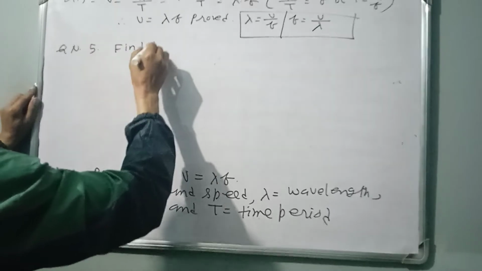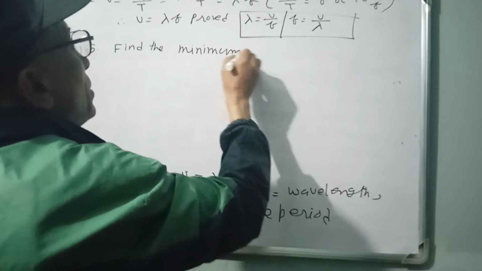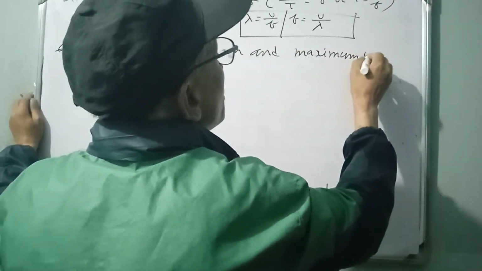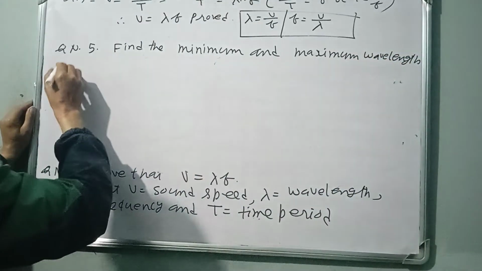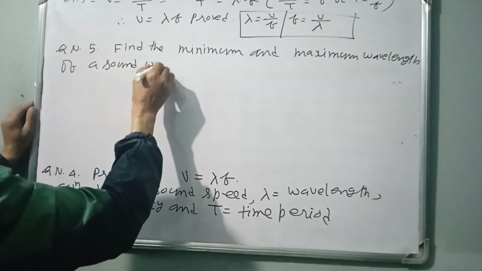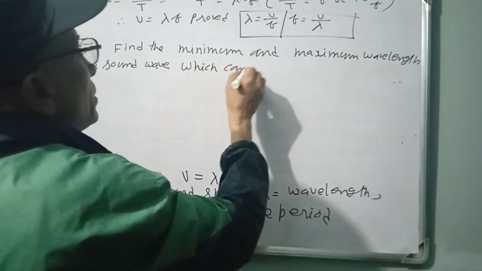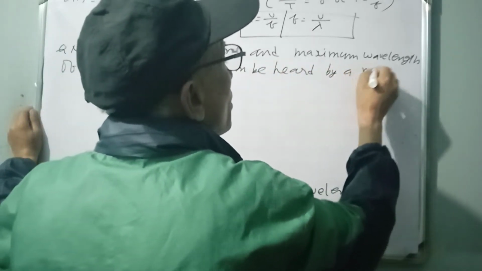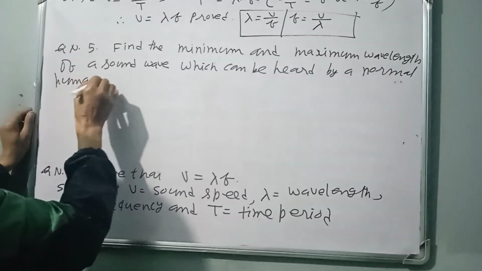Find the minimum and maximum wavelength of a sound wave which can be heard by a normal human ear.